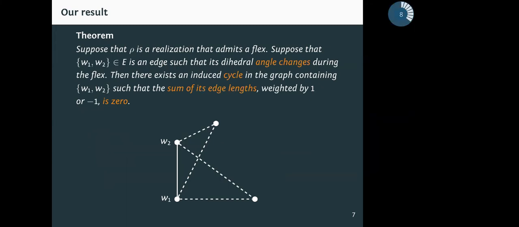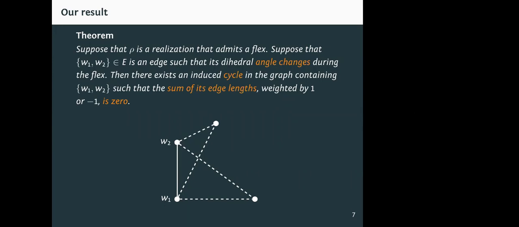And this is the main result that I would like to sketch today. Actually, today I would like to mainly convey the technique that we adopt. So the result is the following. Suppose we have a realization that admits a flex, and focus on an edge whose dihedral angle changes during the flex.